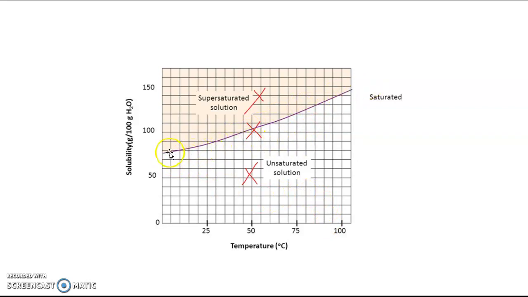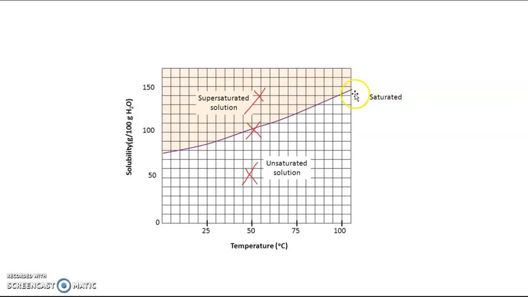All the solutions that can be represented on this curve are known as saturated. What does it mean? That they cannot admit more solute to be dissolved. And if you observe a solution like this, you can observe that a certain amount of solute is not dissolved.